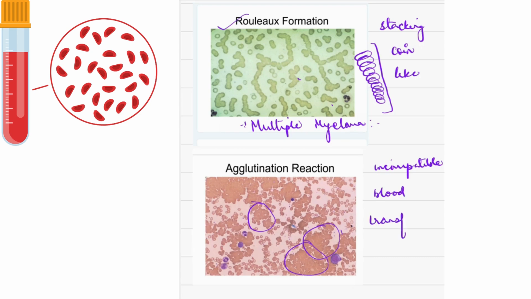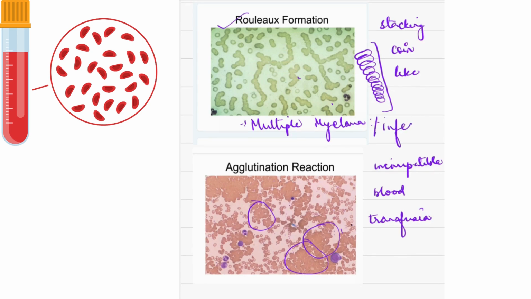In blood transfusion reactions, if somebody gets the wrong blood group, for example a patient is A positive and receives B positive or any other blood group, then this will be the peripheral smear of that patient. So agglutination reaction is suggestive of incompatible blood transfusion, and rouleau formation is suggestive of multiple myeloma or infection. If you see rouleau formation, report it. But if you are asked whether the patient had an incompatible blood transfusion, look for agglutination.